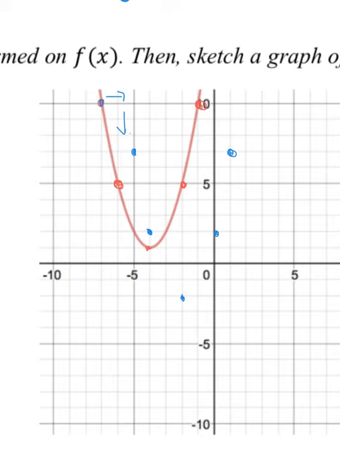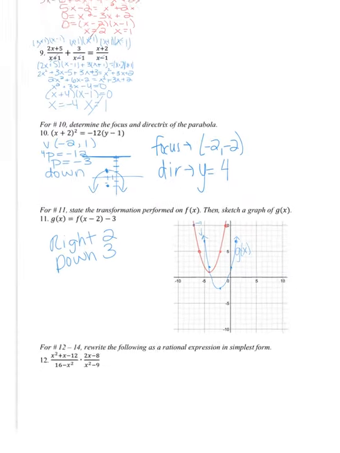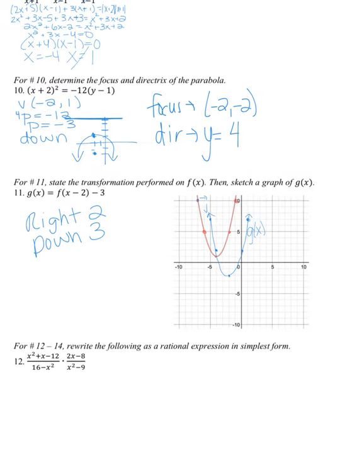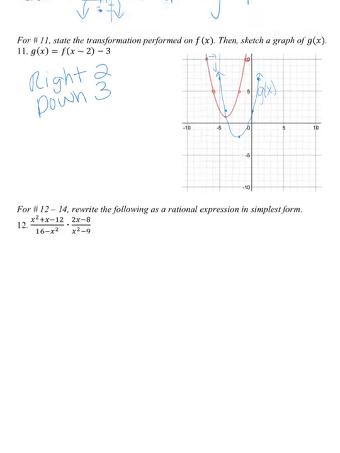And you can see that your parabola should still look like a parabola. I'm not going to go too far past the last point, and I'm just going to draw an arrow in the direction it's going in, and this is what g of x should look like. Okay, so I take the graph of f of x and I move it to the right 2 units and down 3 units because of what the rule says in the actual equation.